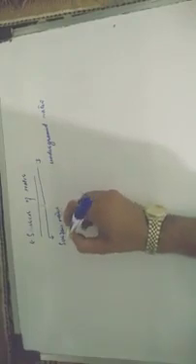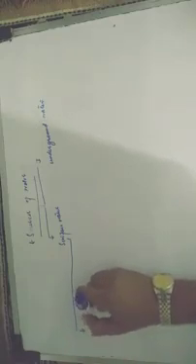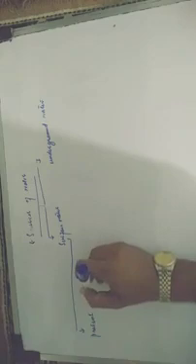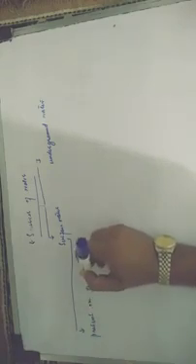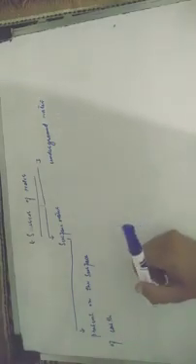So surface water is one which is present on the surface of Earth. It is called the surface water. Surface water is the one which is present on the Earth's surface.